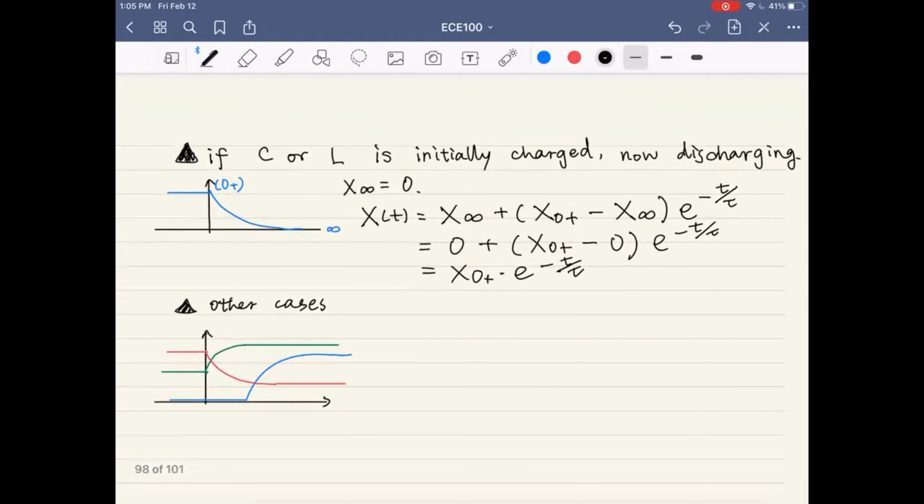And these two cases are typical, but they do not cover all the situations. So you may already see in this figure, we have many situations, because we don't know the layout of the circuit, right? It can be anything. So before the switch turns on or off, the initial value might not be 0 and might not be Vs. For example, suppose we have a Vs here.